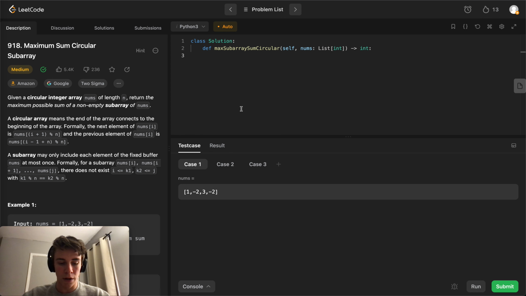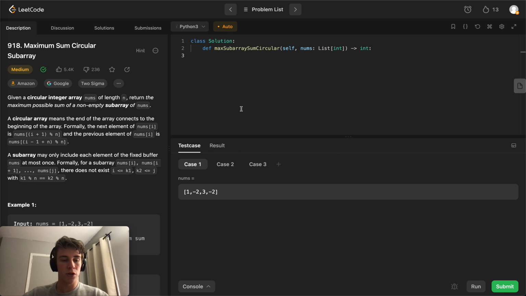The simplest one is the easiest way to find a maximum subarray in a regular array. So let's see if this comes up somewhere during the question description.